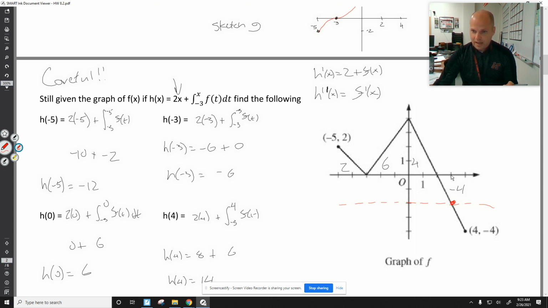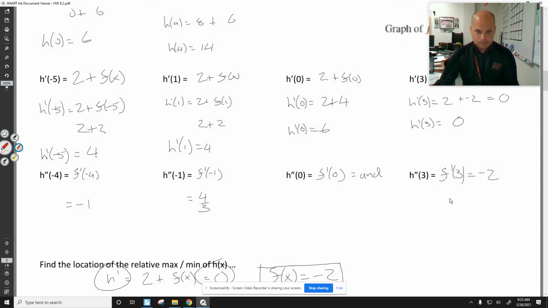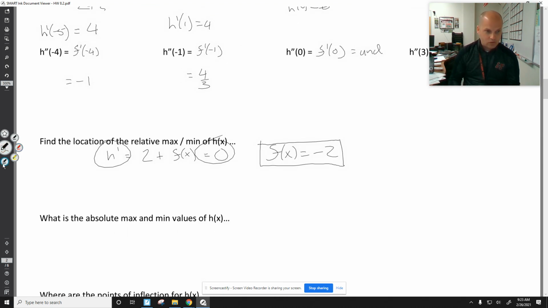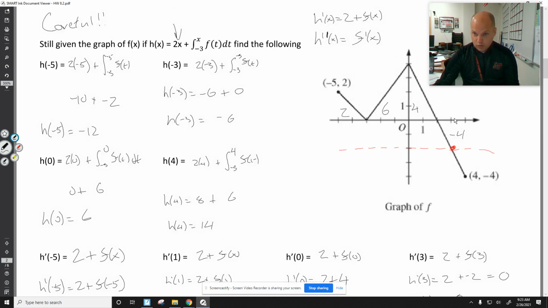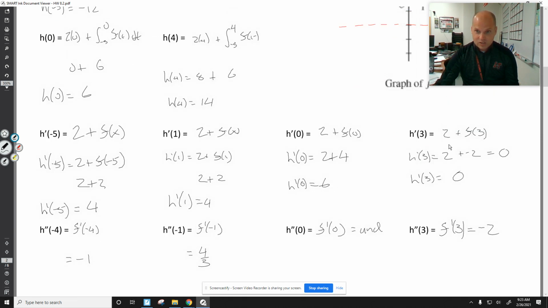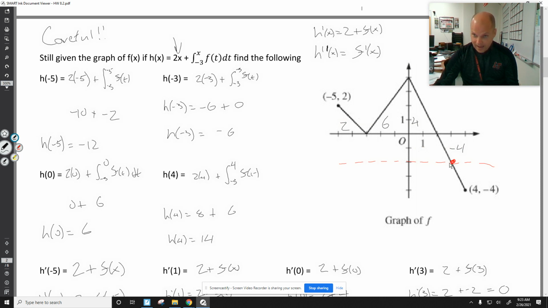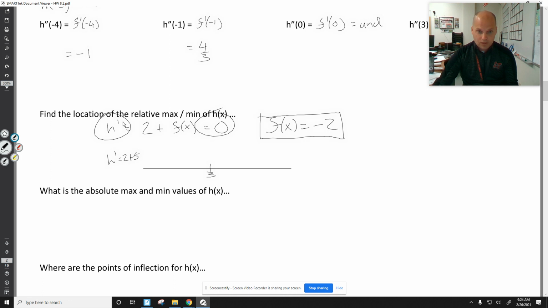This is at 3; at 3, I hit negative 2. So what goes down on a sign analysis of h prime, again being 2 plus f, is 3, because that's when f equals negative 2. That's when 2 plus f is going to change signs.